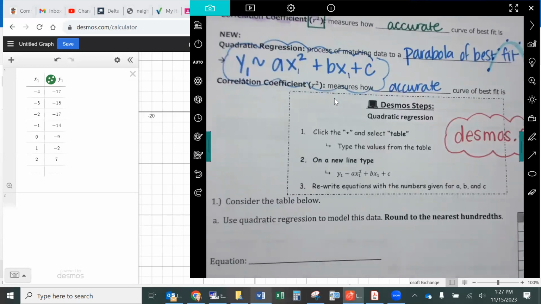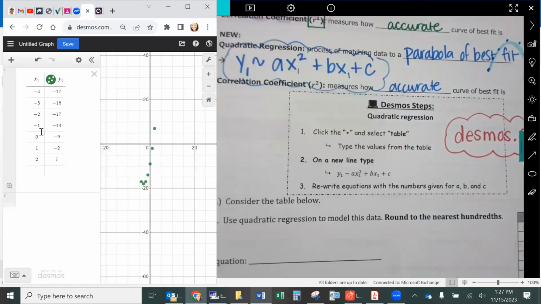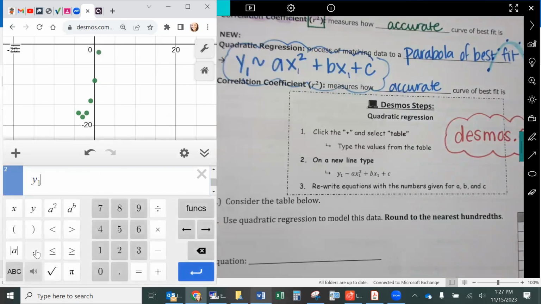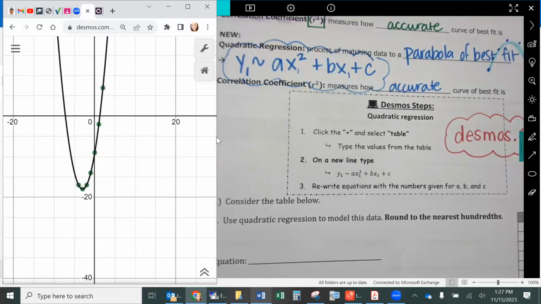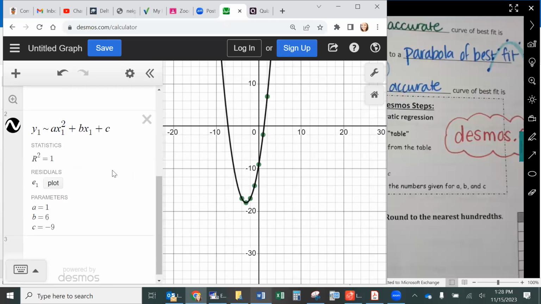It's going to be Y1 squiggle, then AX1 squared plus BX1 plus C. So it should look like this.